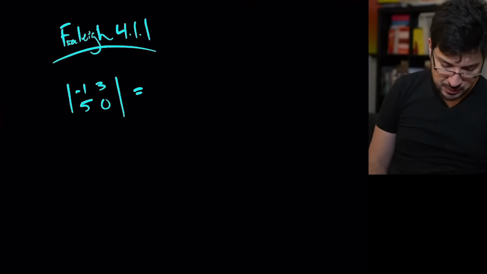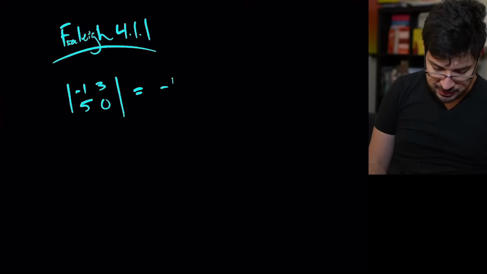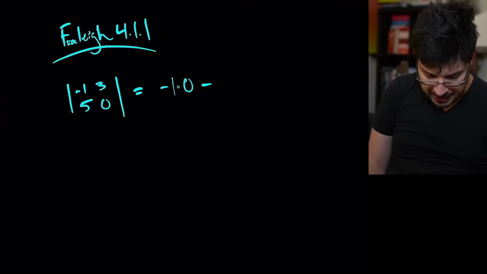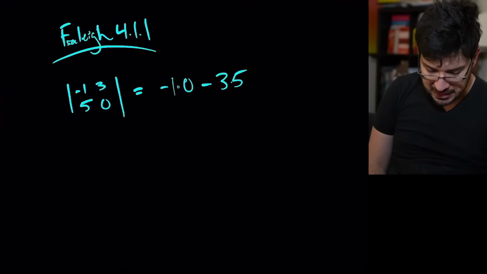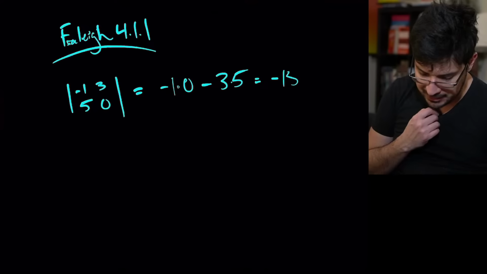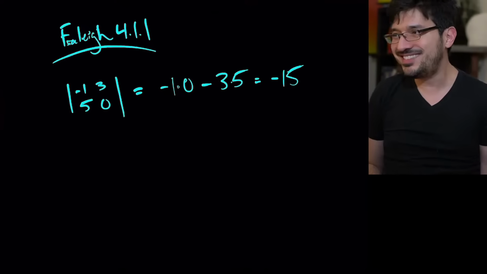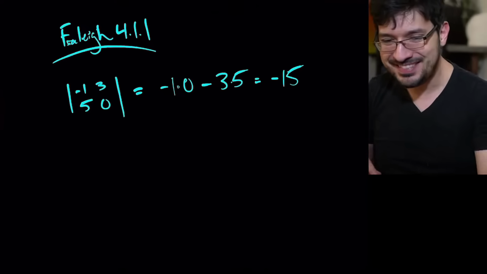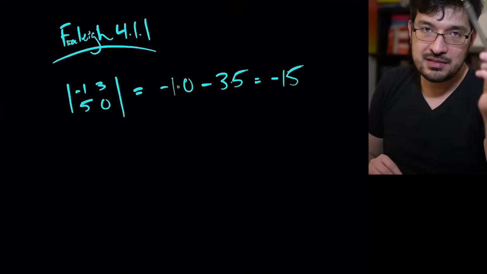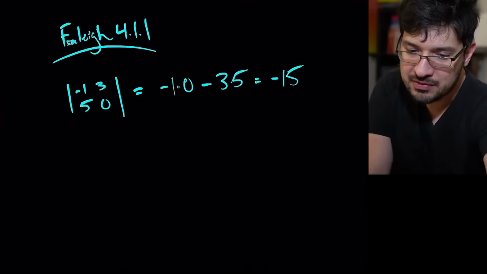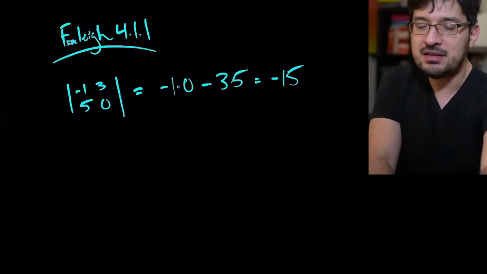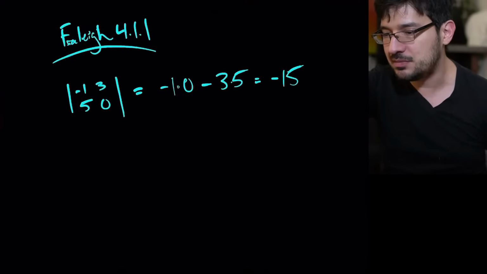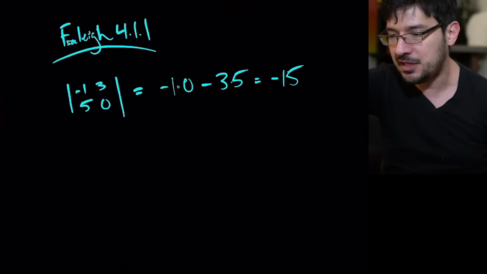So again, we multiply by diagonals. -1 times 0 minus 3 times 5, and that would be -15. Cool. Done. So here's a little gimmick: I'm crossing out in pen on my book every time I solve a problem. We're going to solve every single problem in this book.